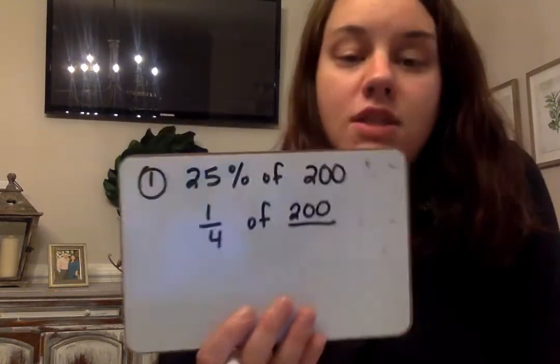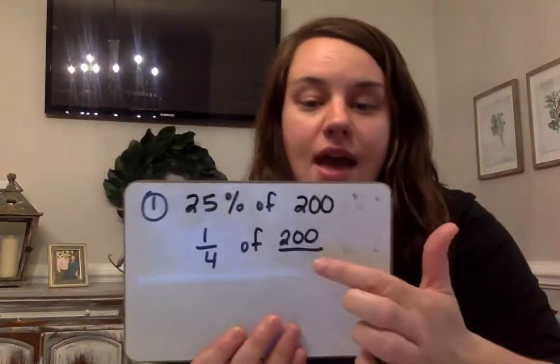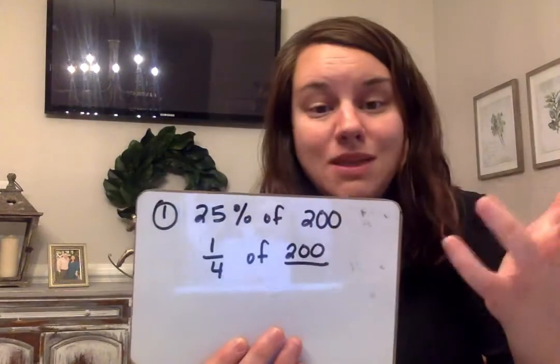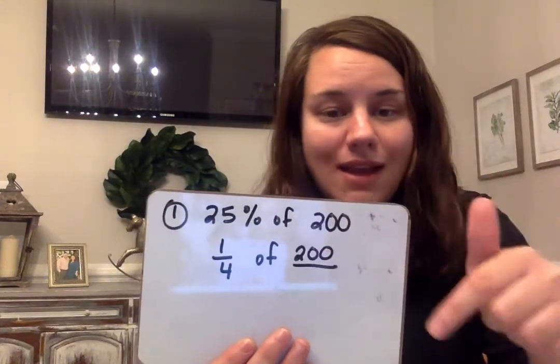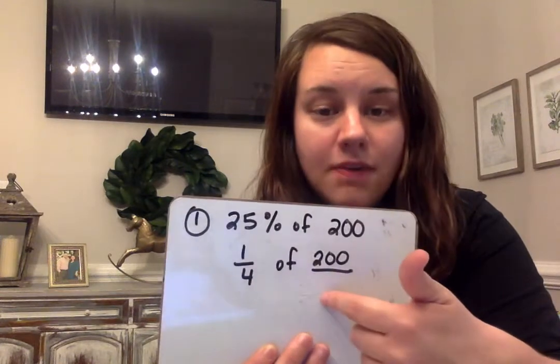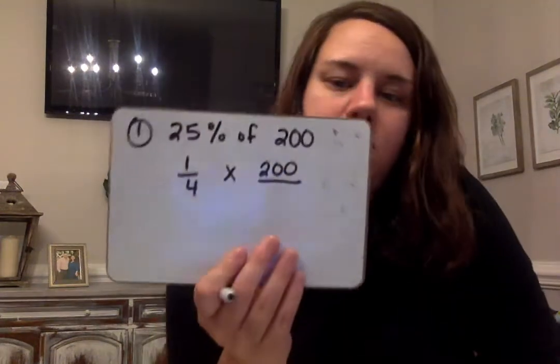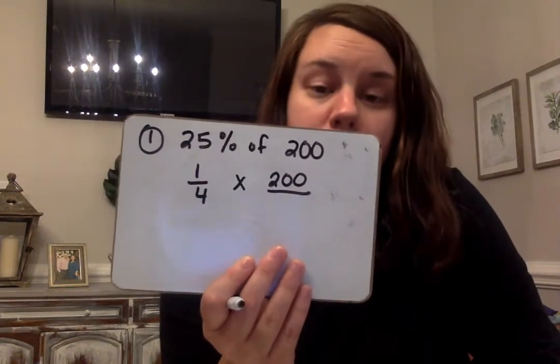Now, you just learned before Miss Akery left that this word "of" always means multiplication. Okay, so I'm going to erase it out of there and I'm going to put a multiplication sign. If it says "of" something, you're going to be multiplying to find the number. Okay, so we're going to find 1/4 of 200 by multiplying.